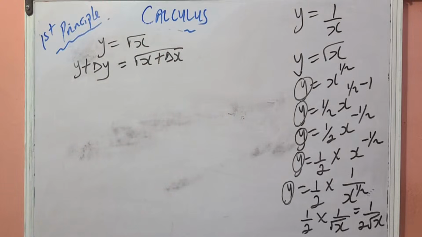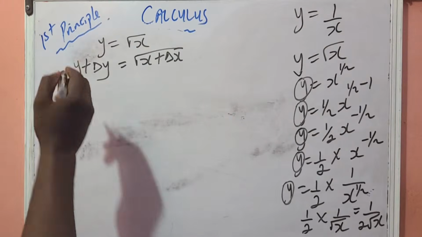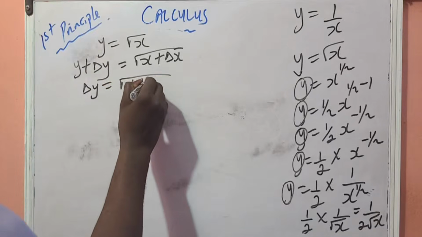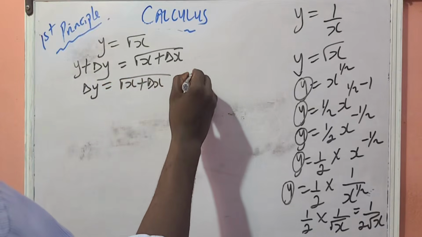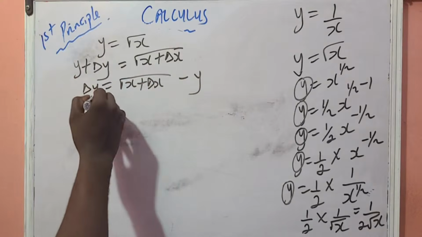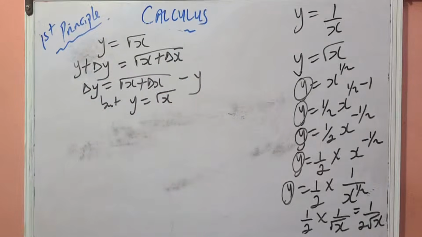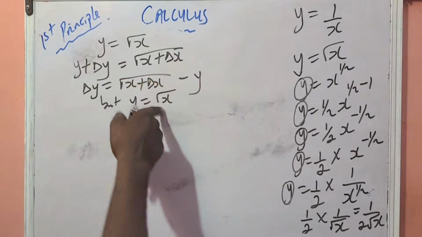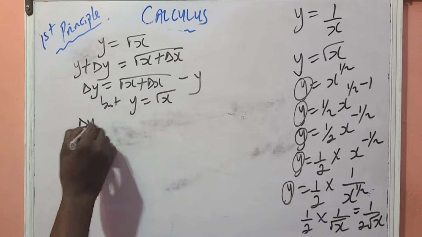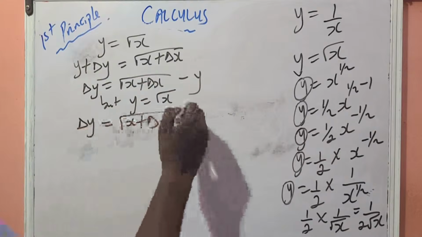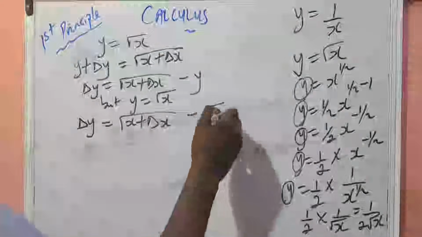Then the next thing is to make change in y the subject of formula. Change in y is equal to root of x plus change in x, minus y. Of course, y is equal to root of x, so whenever I see y now, I'm putting root of x. I believe we have done enough questions for you to understand the process already. Minus root of x.